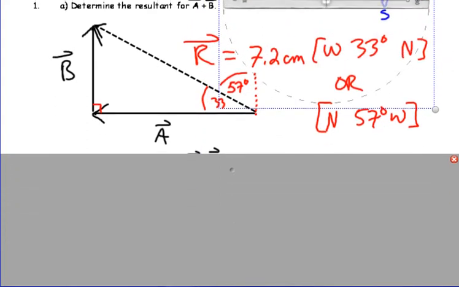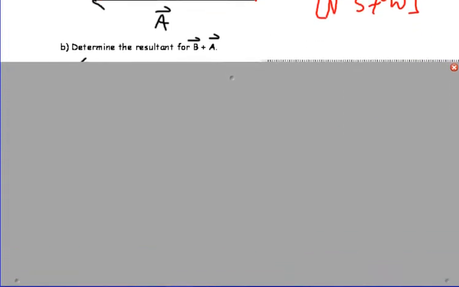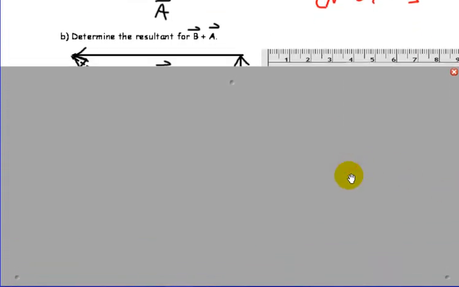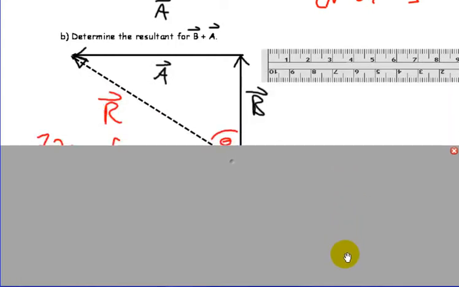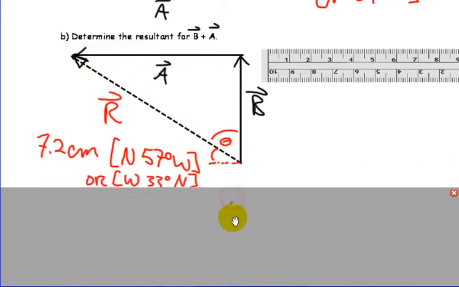Now if we take a look at the next question, what if we have vector B plus vector A? So the reverse order. Again, pause the video right now and draw that out. Okay, so if you had a chance to draw that, vector B, then vector A, the resultant from start to finish, again at 7.2 centimeters.